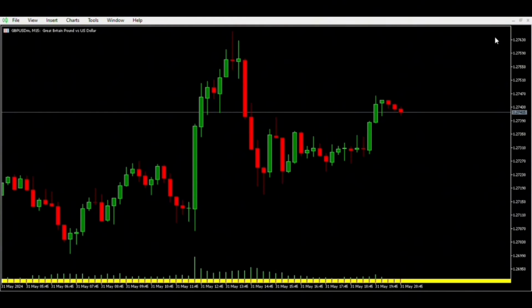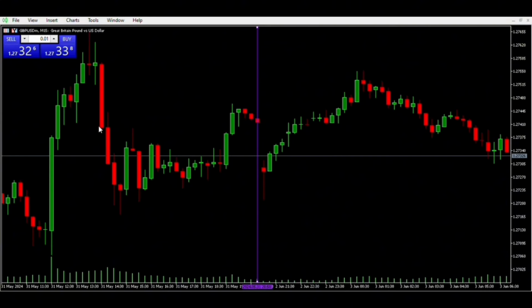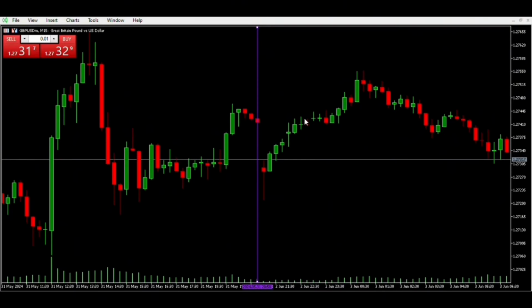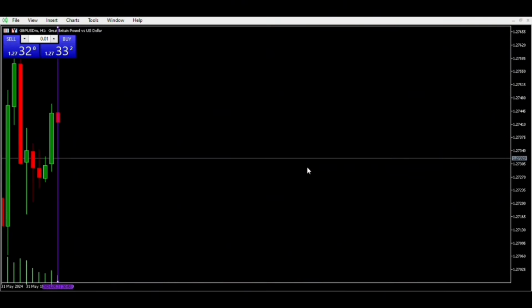But yeah, if you want to scalp, you can go ahead and use the internal structure. But if you want to day trade or swing trade, you definitely want to focus on the overall trend direction.